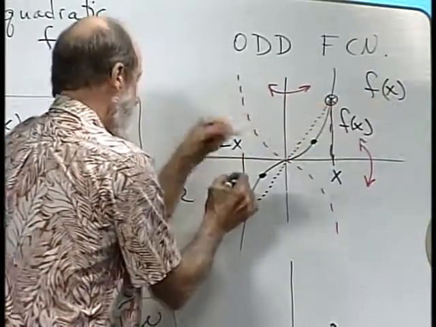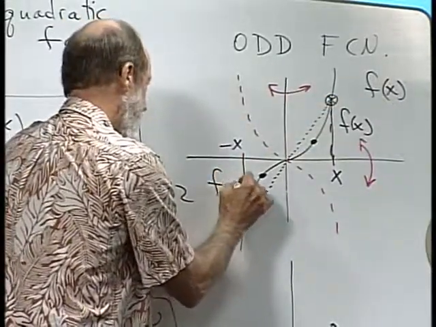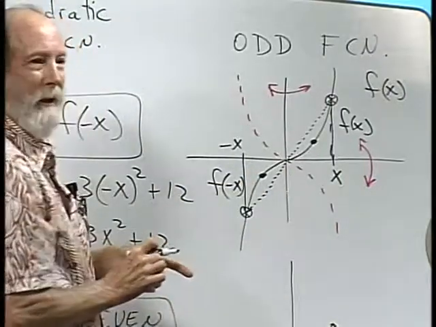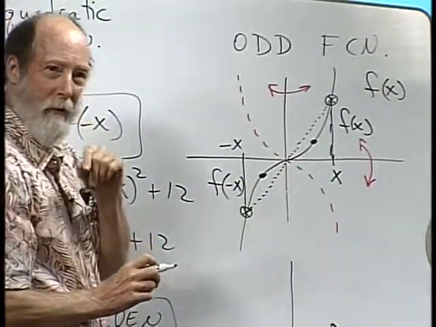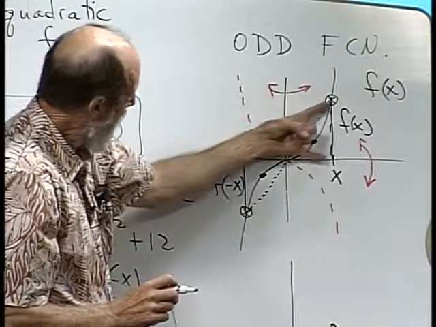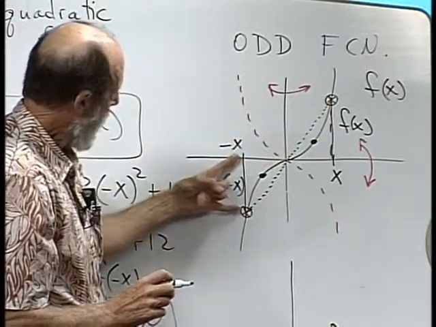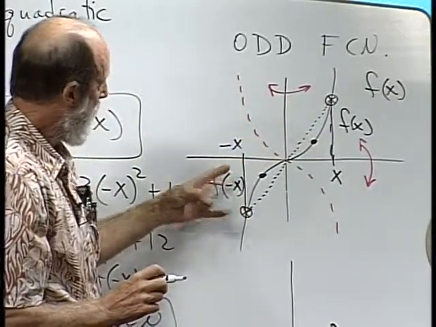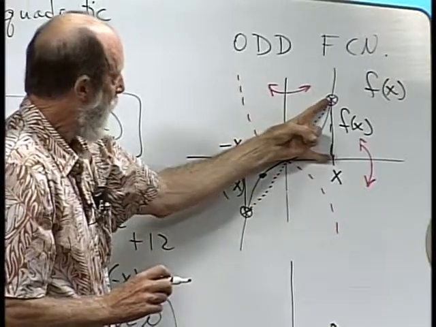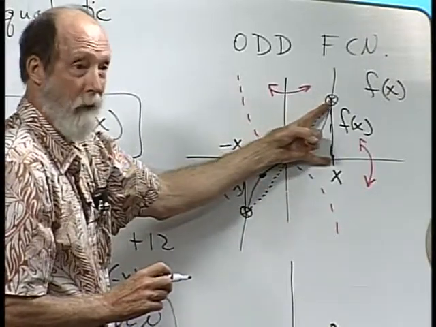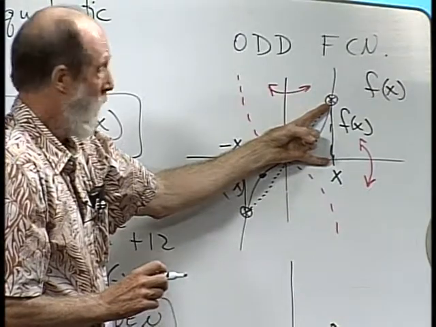F of negative x, right? And for it to exhibit origin symmetry, what must be true about this height and that height? Yeah, the opposite of one of these, in other words, the negative of it.